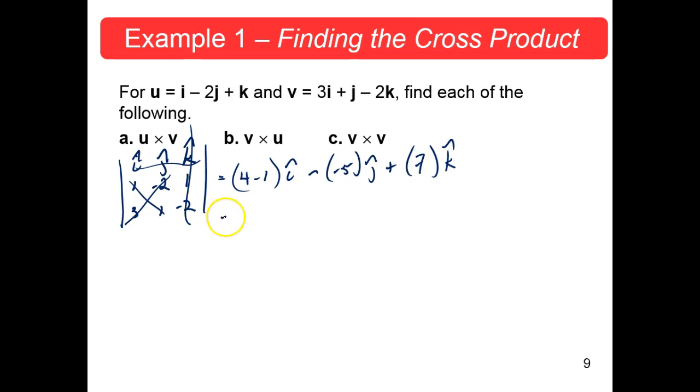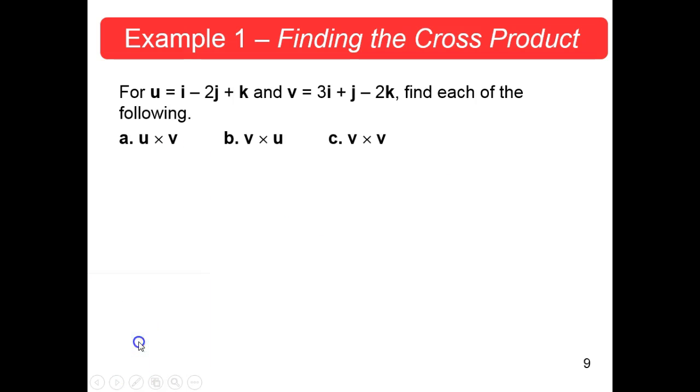So that should give us 3I minus 5J plus 7K. All right, that's our guess. Let's see what they give. You got that down pretty well? Okay, let's see what they do.